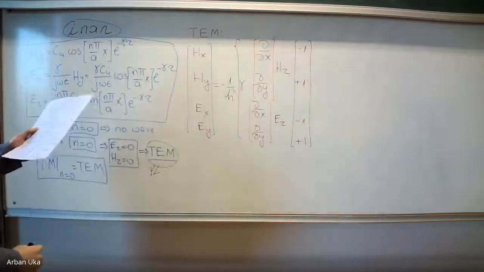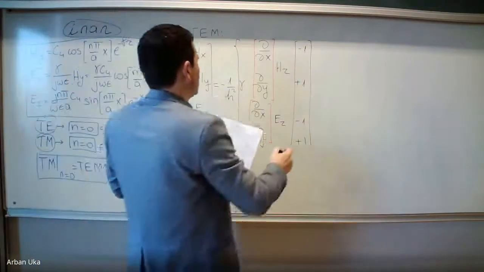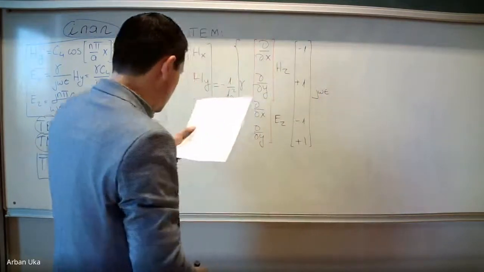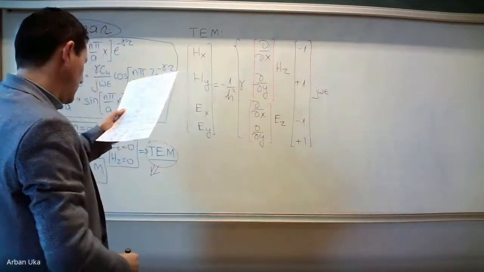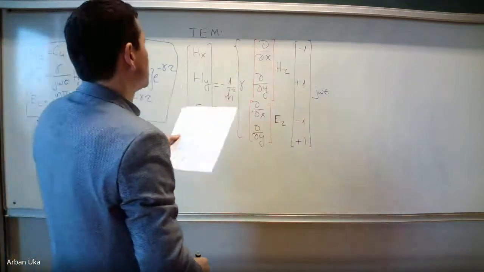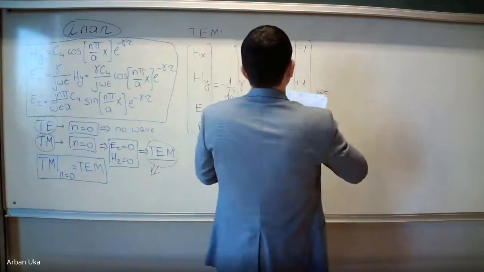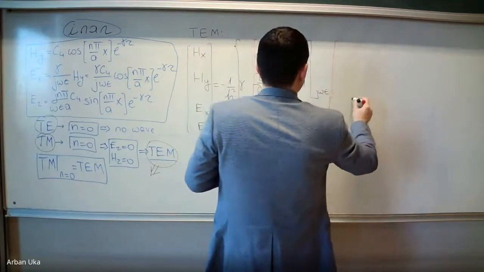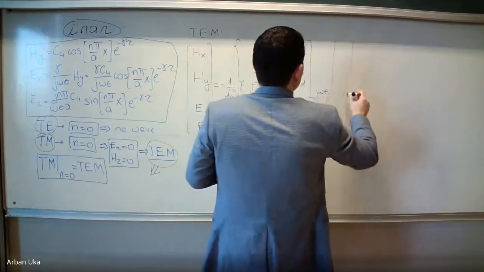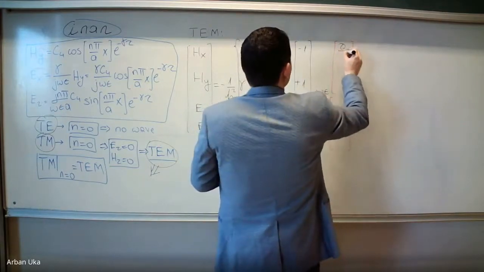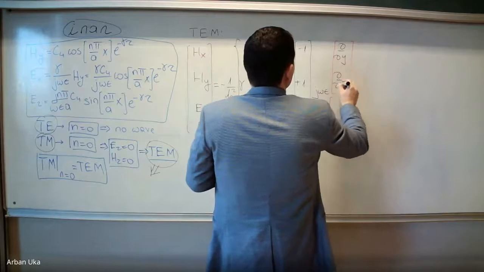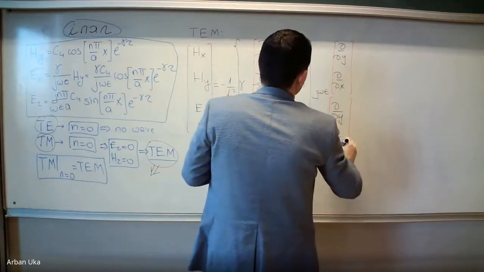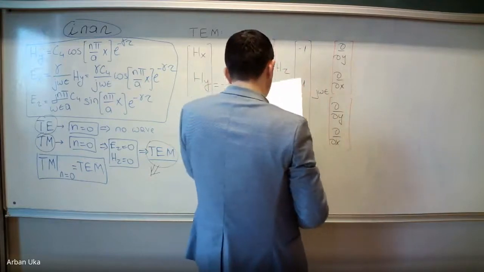Then we have j omega permittivity. This might really be a challenge now to read them. Now we have the derivative with respect to y and with respect to x, with d over dy, d over dx, d over dy, d over dx of Ez and Hz.